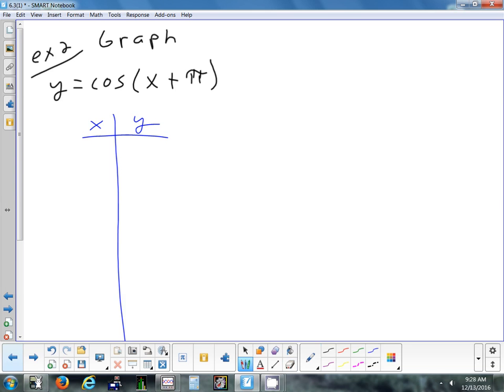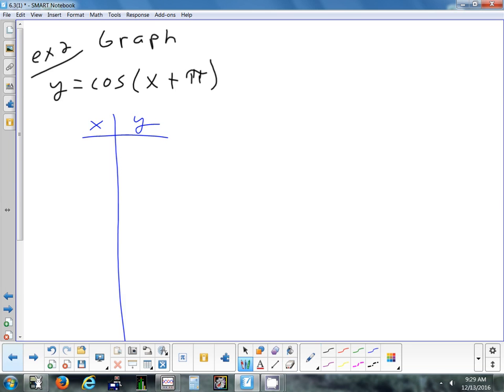For a phase shift, what values stay the same? Nope, phase shift, you're going left and right. So the x's are going to change. Yep, so the y's are going to stay the same.